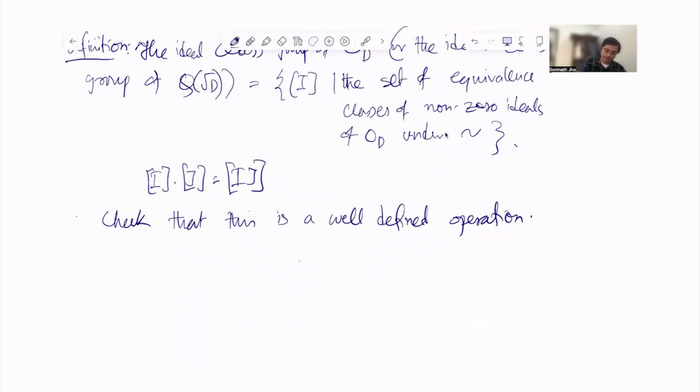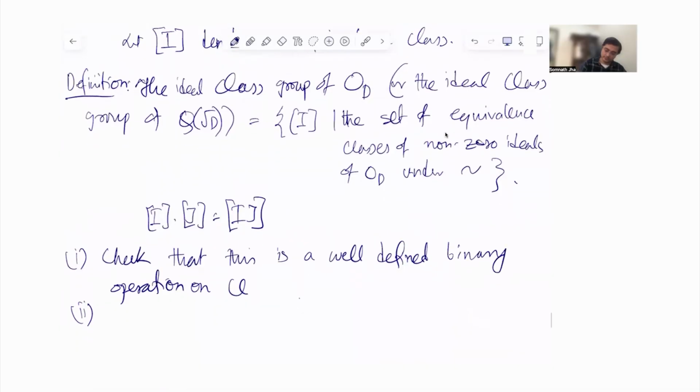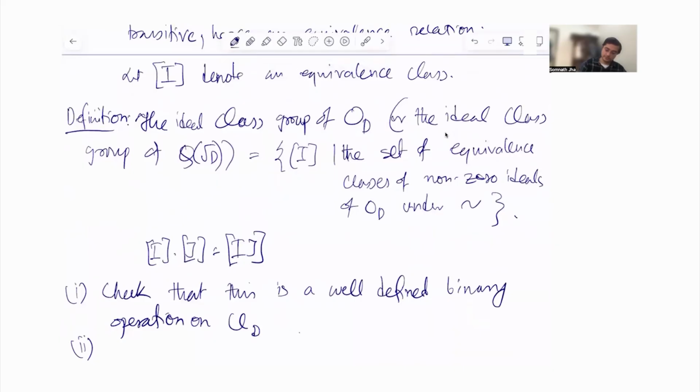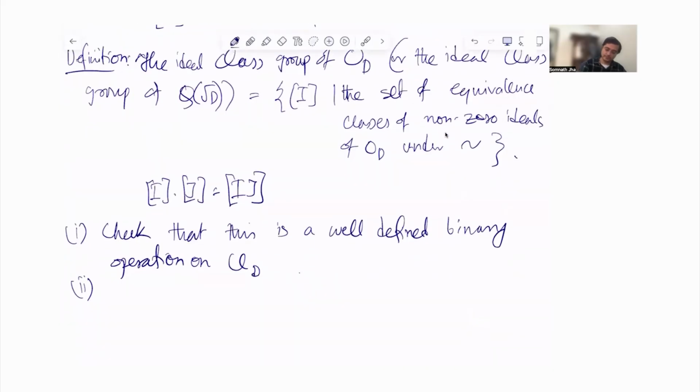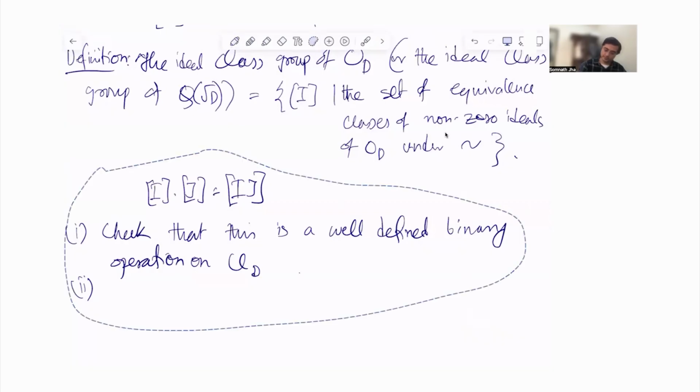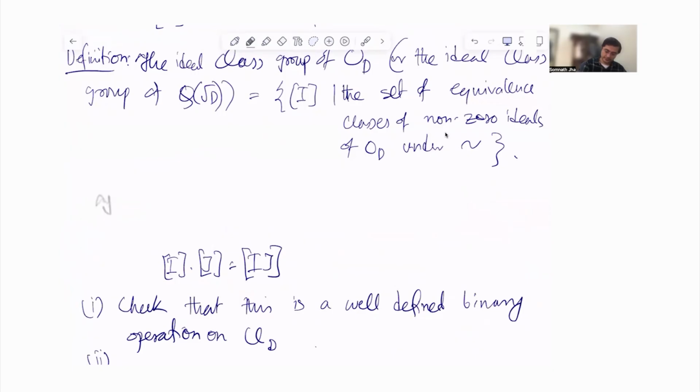So number one, this is a well-defined binary operation on this set, which we denote by CLD.